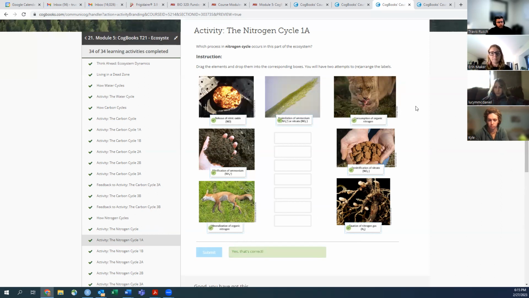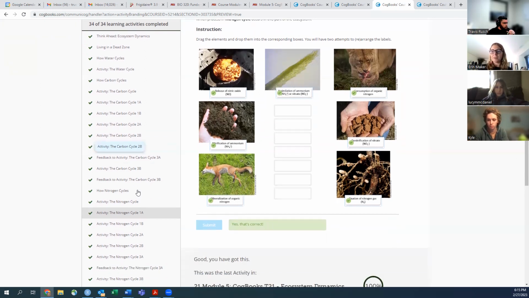So are there any more questions on these pictures? Are they a little more clear now that we've talked about them? I do wish CogBooks would have a description, something like cat eating food would be useful, or microscope slide of plants. But it was when we went to, I think it's the next one, where it's just the chemical equations.